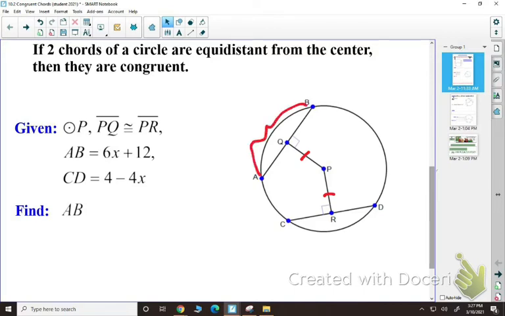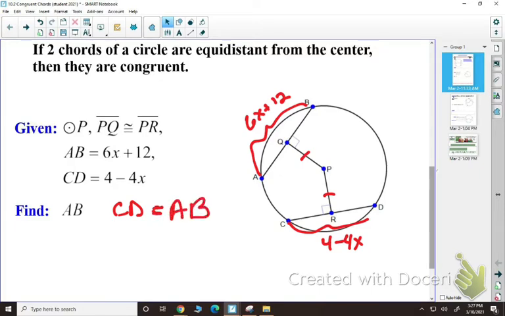So if AB is 6x plus 12 and CD is 4 minus 4x, we're going to find AB. AB and CD are congruent because they are the same distance from the center, so we set them equal to each other: 6x plus 12 equals 4 minus 4x.